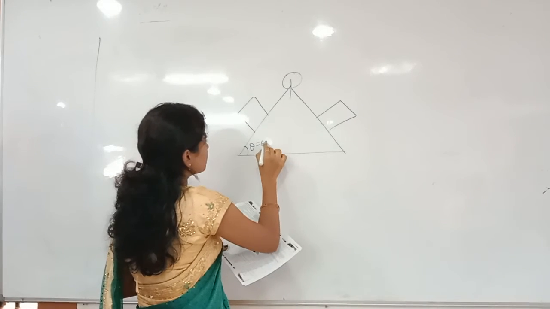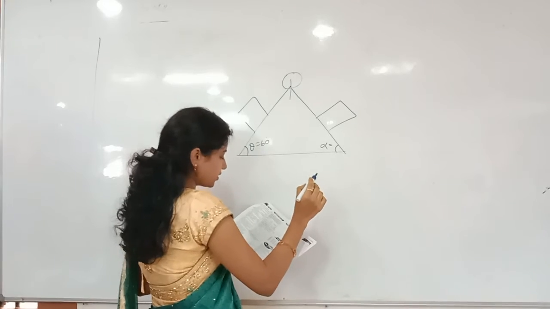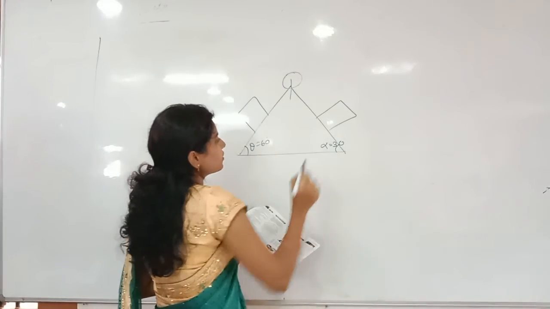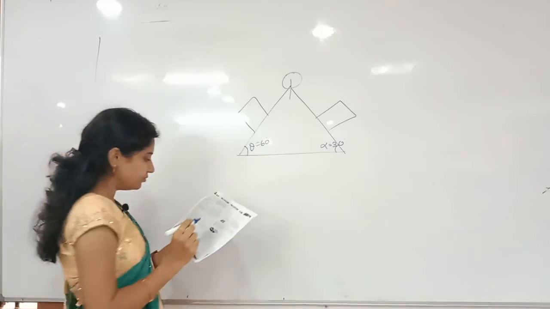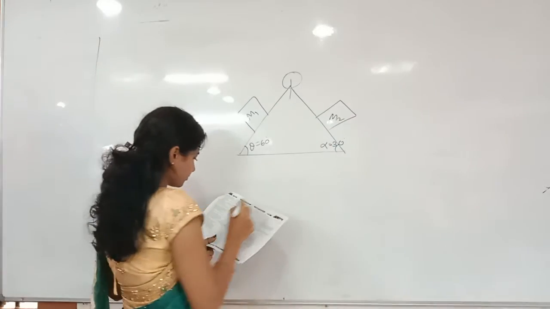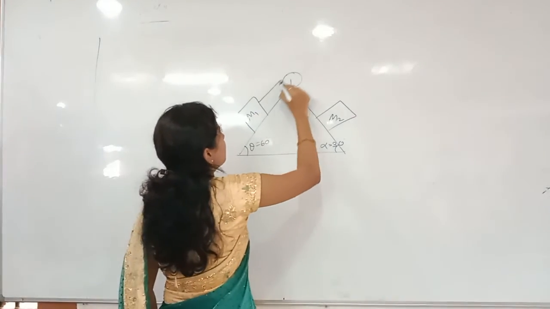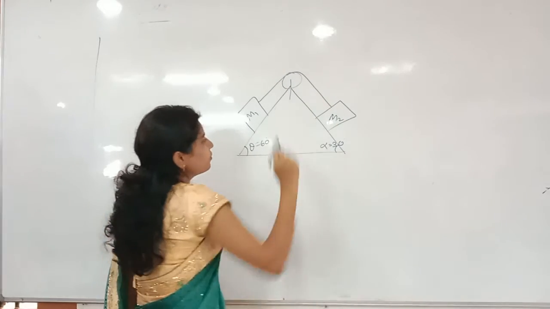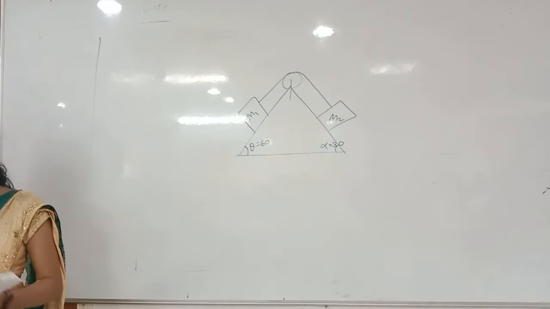If theta is equals to 60 and alpha is equals to 30, then find the ratio of M1 and M2.